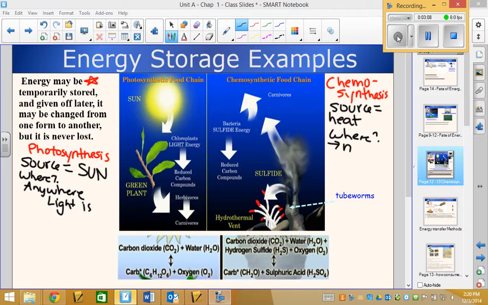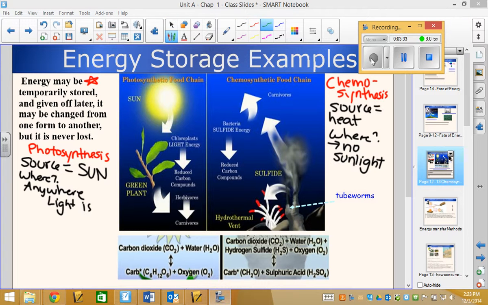Chemosynthesis happens in a place where no sunlight shows up. So a good example of a place like this is the bottom of the ocean. So I'm just going to pause here and just show you a little clip of what something that does this looks like. Anywhere that there's no sunlight, the bottom of the ocean would be a prime example, is where chemosynthesis happens.